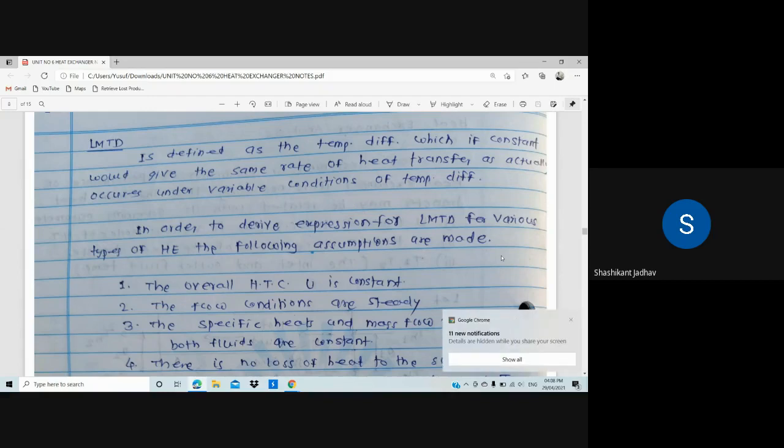Then whatever the flow conditions are there, that flow conditions are steady. म्हणजे जे काही fluid flow होणार आहे with respect to time असेल तर ते constant flow असणार आहे. Okay. So we have to consider that second assumption.